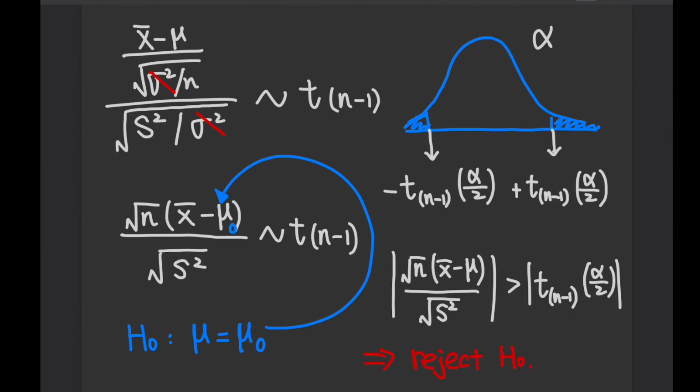As for the confidence interval, these two points also serve as the confidence interval. So the confidence interval can be rewritten as x bar plus or minus the square root of the sample variance divided by the number of observations, multiplied by the critical value.